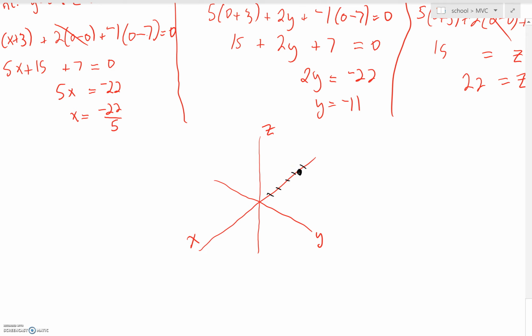Y going down to negative 11, that's going to be way down here. Oh, pardon me, I did the z-axis. Here, let's say y equals negative 11. That's going to be right over here. Then z equaling 22 would be way up here. So you could draw yourself a little bit of a triangle here. Make this dotted. And that would be like a little snapshot of what your plane could look like.